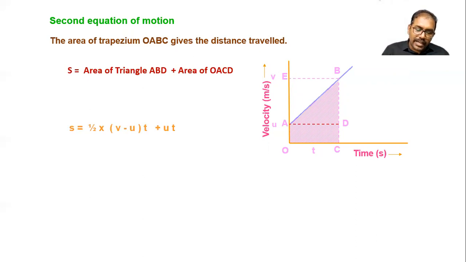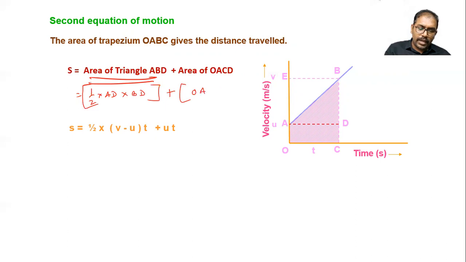The area of the triangle is half base into height. Half base is AD and height is BD, or we can write AE also. This is for the area of the triangle. Plus the area of the quadrilateral OACD, which is OA into OC.